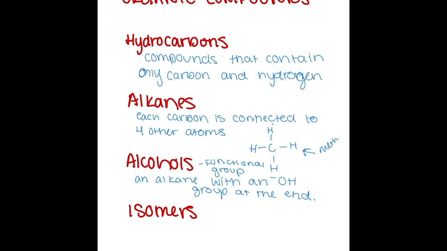So, let's say we have methane, and we're going to add an OH group right here. So this is actually going to become an OH group, which will then make methane an alcohol. And so if we do have the C, and then I'm just going to make a little rough sketch, let's just say we have all these H's. This would be methanol rather than methane. So that's basically all that's different with alcohols, just at that ending.